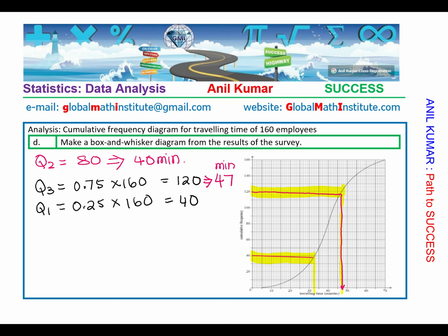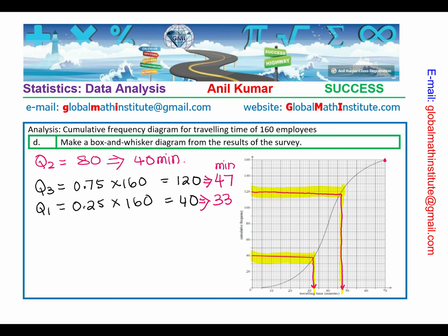Here's the graph right there, and if we bring it down, that is the value which we have. In this case, when you hit this graph, it is almost more than 32, so slightly less than 34. So we'll take this as 33. So we got Q1 and Q3.